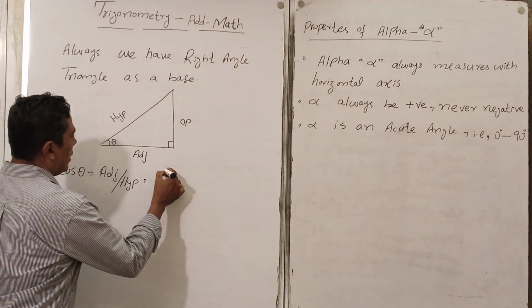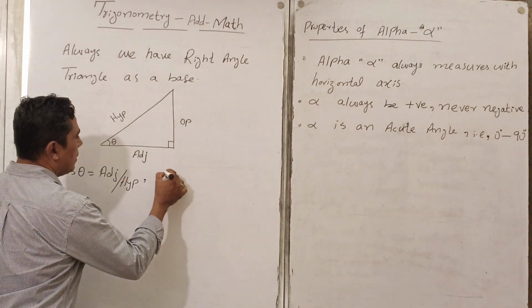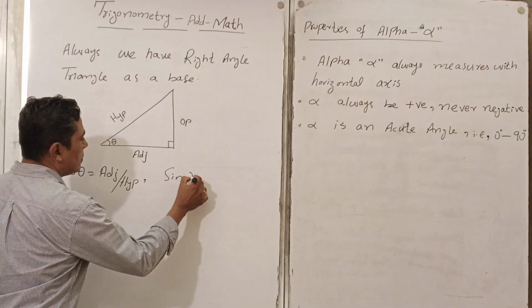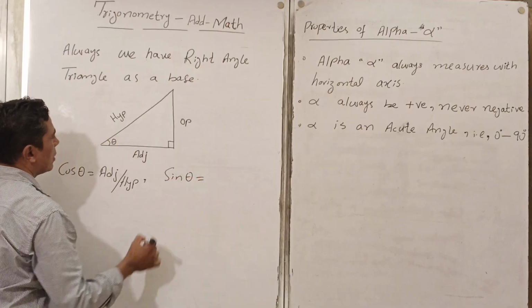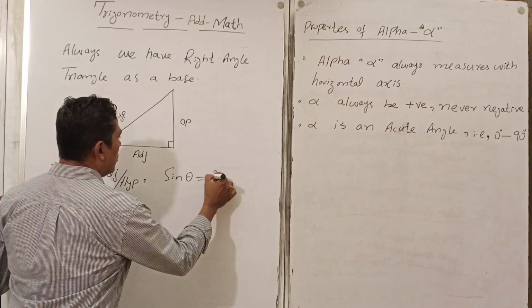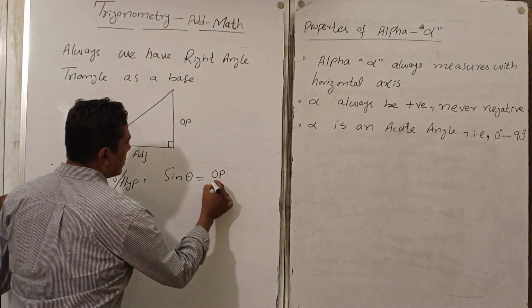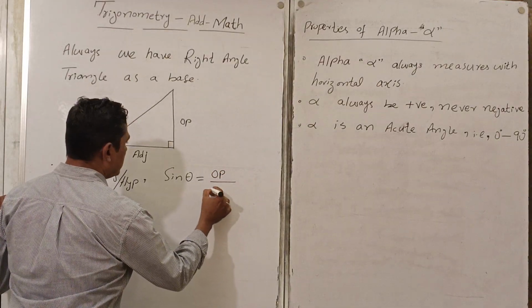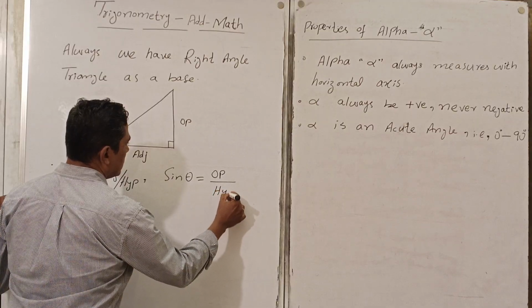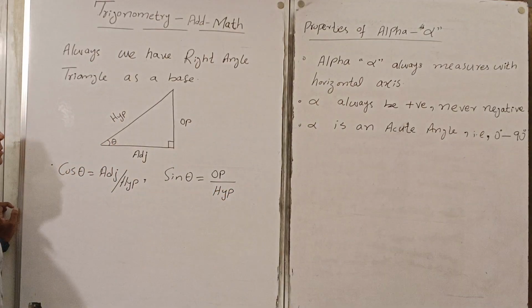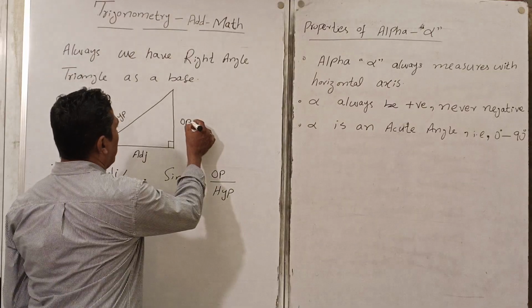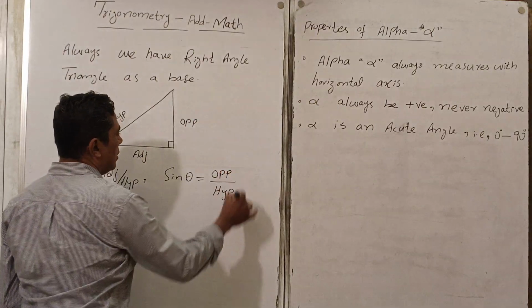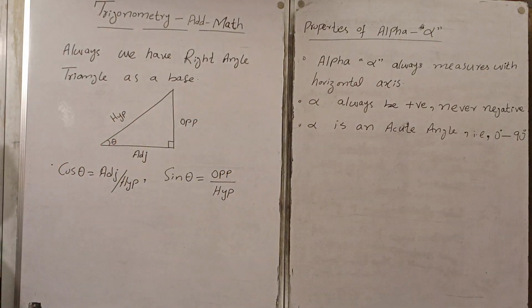Similarly, what about sin theta? What? Opposite over hypotenuse. Okay. So opposite over hypotenuse. Right?